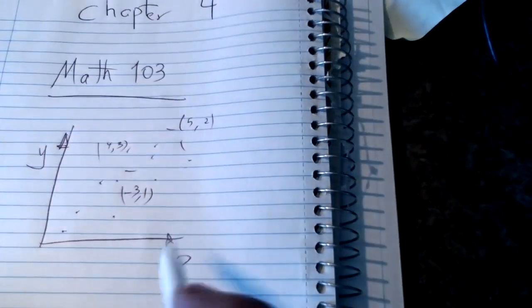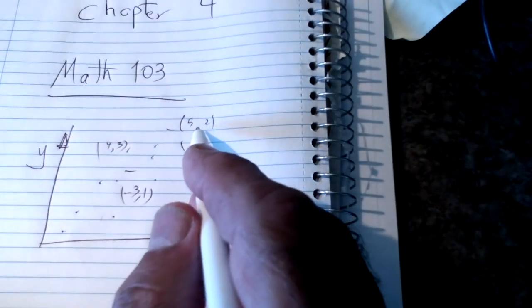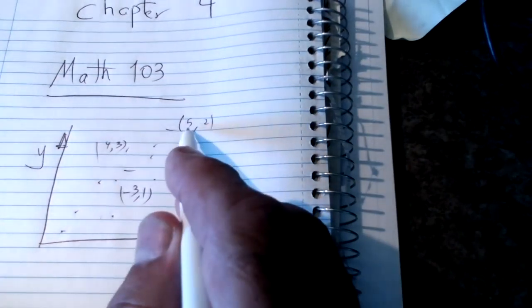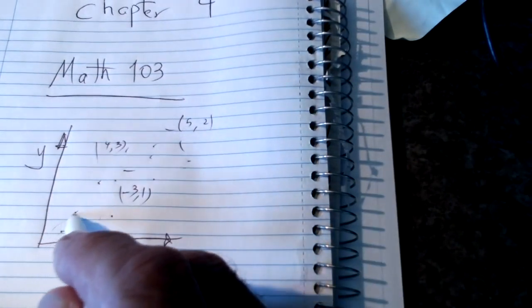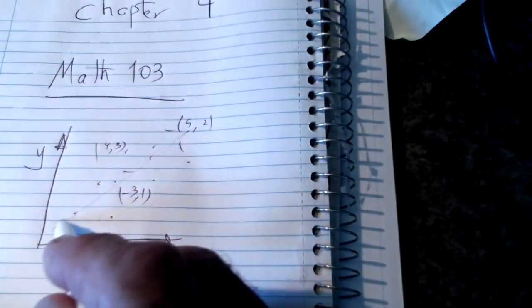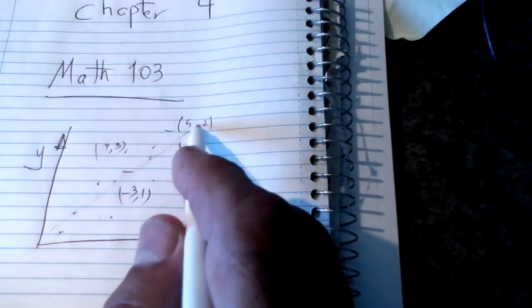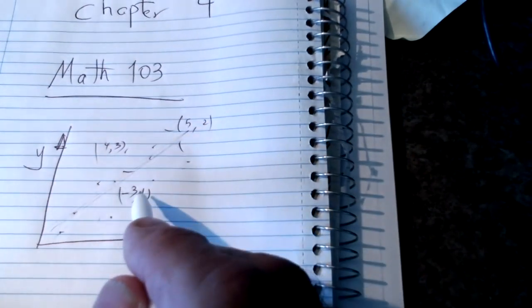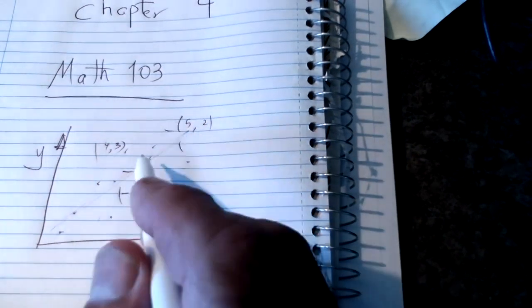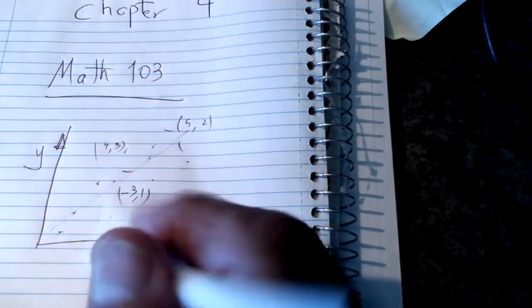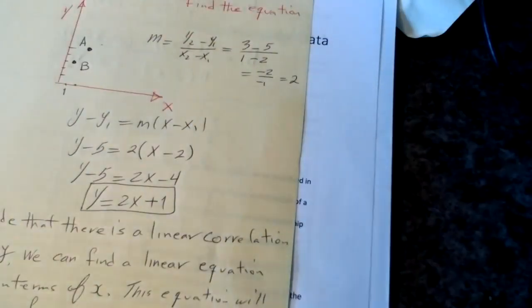These are just examples. If you have a bunch of points and you need to find the equation of the line that very well fits here, you need to draw a line that very well fits. So all the numbers are clustered along that line. That is the regression line.